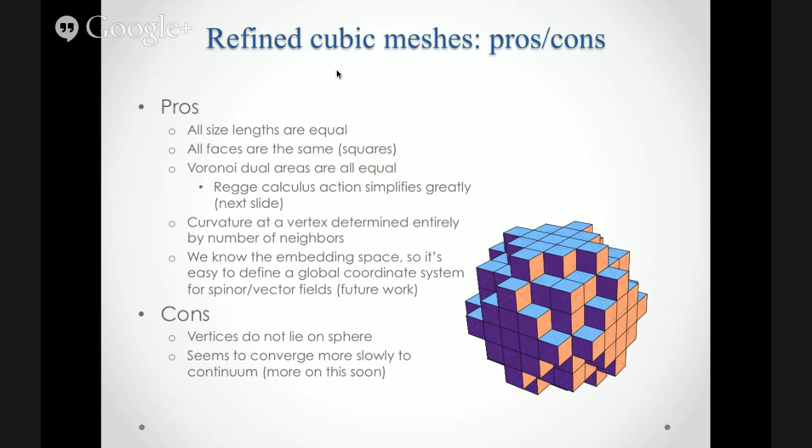One of the first reasons we thought about looking at this was because in the future we're eventually going to try to move towards spinor fields and vector fields. If you have a nice picture of this thing in the embedding space, and each link is associated with one of the 3 cardinal directions in the embedding space, then you have a global coordinate system and an easy basis for your gamma matrices, and you might not have to worry as much about spin connections and vierbeins and things like that.